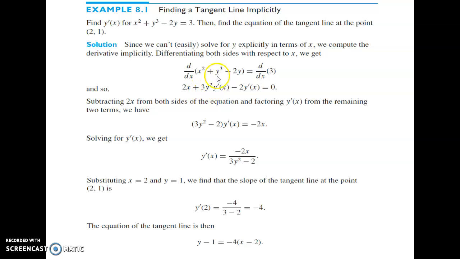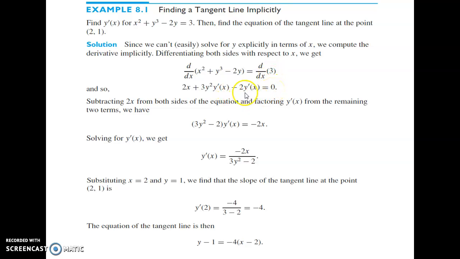Then I differentiate y, that is y prime of x. This is the chain rule I use because this term contains y. Minus 2, right? Then the derivative of y is 1, and the derivative of y is y prime of x. 3y squared is the derivative of the power. For the derivative of y, there is no power here, so I write directly y prime of x. The derivative of 3 is 0.